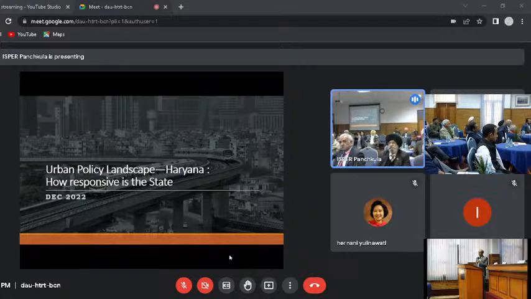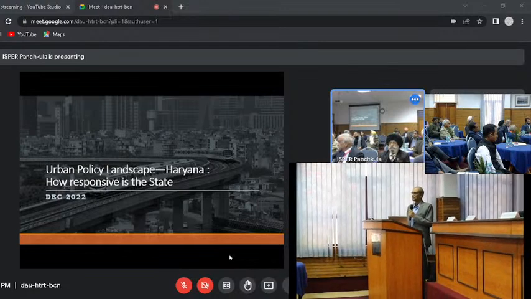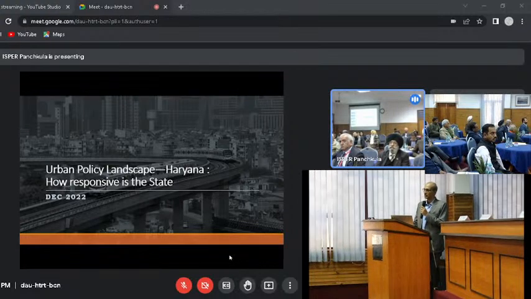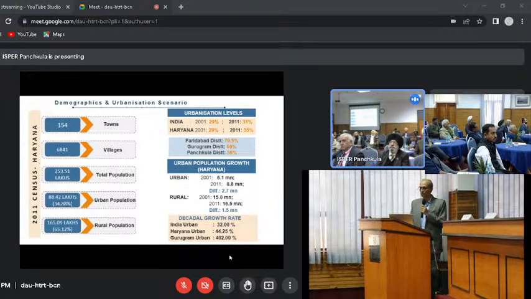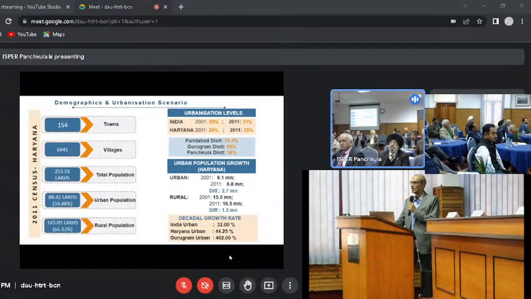We start with how responsive the state has been with respect to policy formulations pertaining to the urban development sector with changing times. Just a brief overview of the state compared to the urbanization levels of the country.